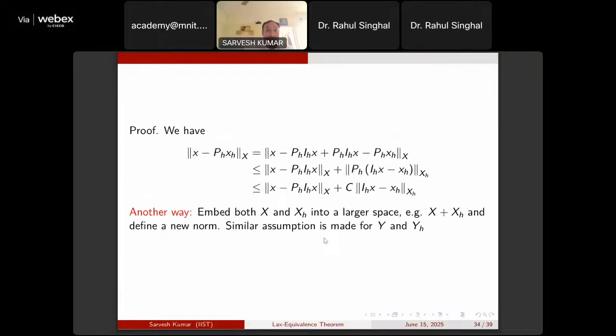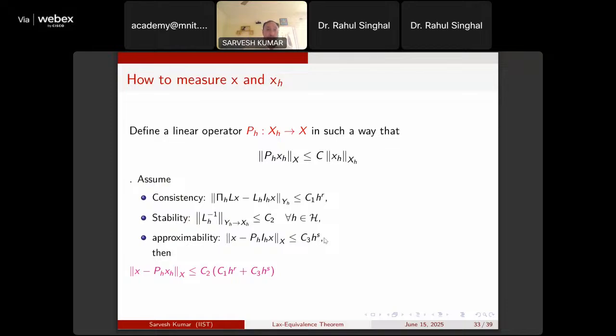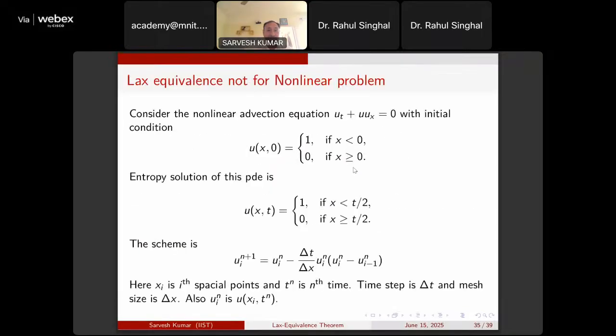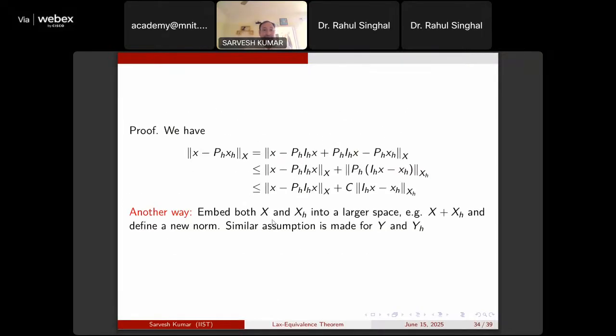But then it is not always easy to have such a linear operator which satisfies this property. That's the problem. So another idea is what we follow in finite element analysis: embed both X and XH into a larger space. Our problem is XH is not a subspace of X, right?